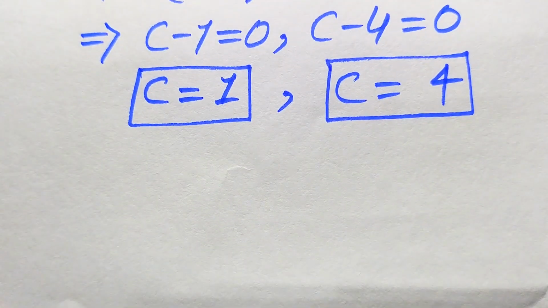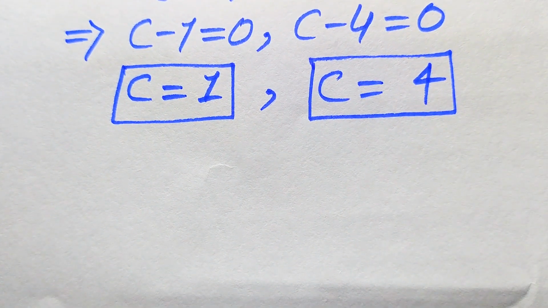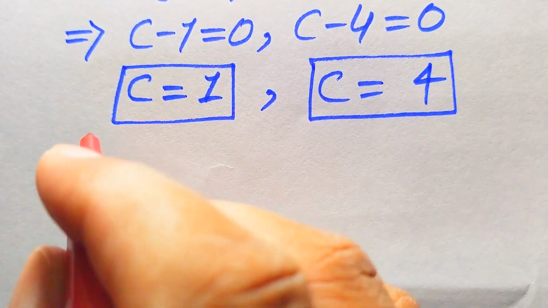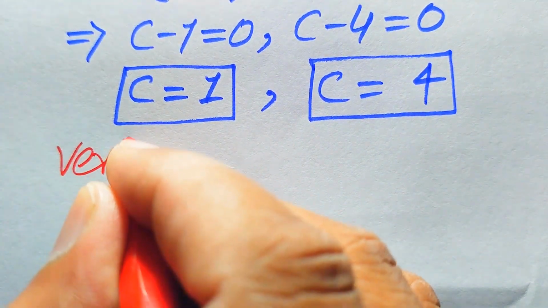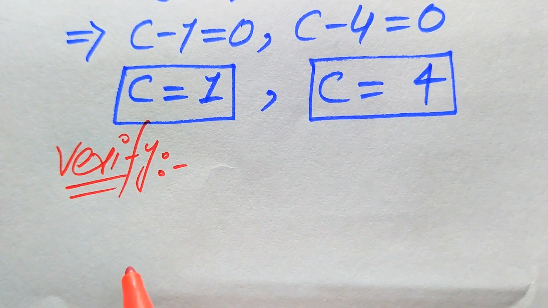So here in this method we get these two roots of the given equation, and now in the next step we need to verify whether these roots are solutions or extraneous roots.